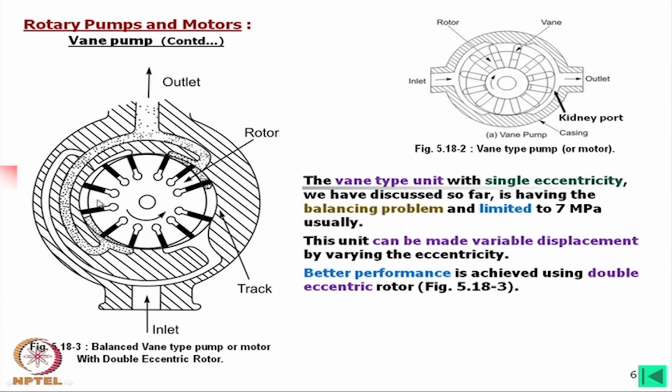So, for each 90-degree quarter, there are ports. These are also kidney type ports, but they are special ports. This is definitely expensive. There is no balancing problem, and this can be used for pressure more than 7 megapascal, whereas 7 megapascal is roughly the limitation of a single eccentric vane pump or vane motor, and for this double eccentric we can go for higher pressure.